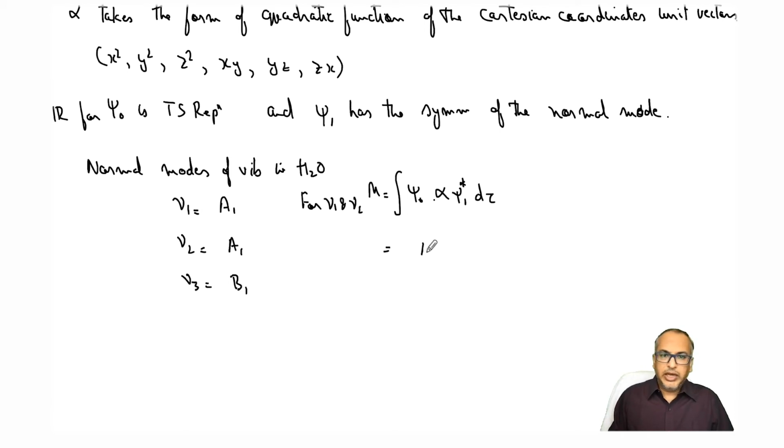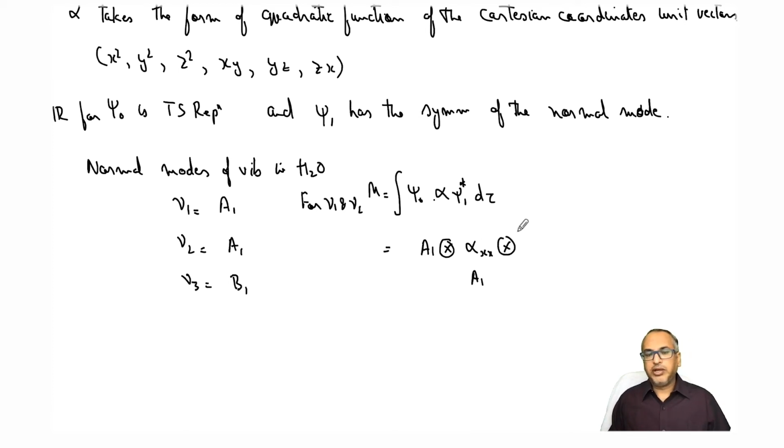Psi 0 is A1, so you have to find which alpha will form the direct product with psi 1, okay? If I take alpha xx here, that is basically A1.